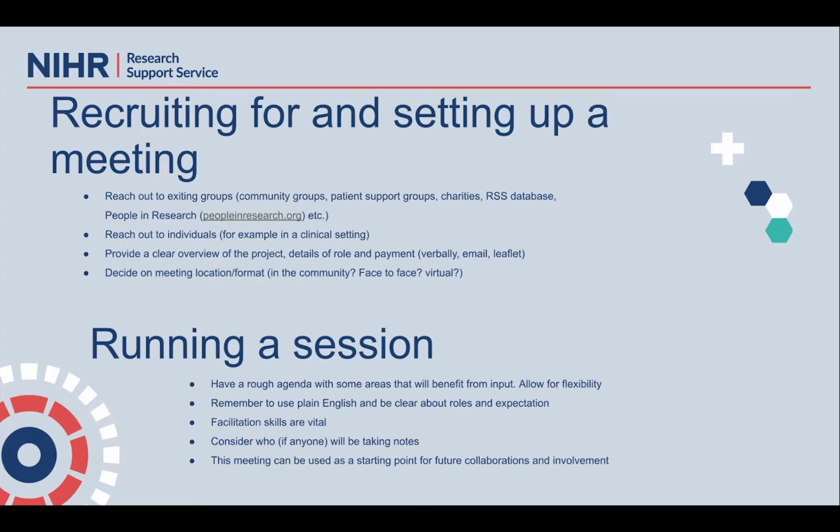They can be one-to-one, they can be over the telephone. There are a huge variety of ways in which you can involve people. You can go into the community and do community engagement work to engage with people in that kind of environment and then talk about your project. So this is just to give you a bit of a taster, really.